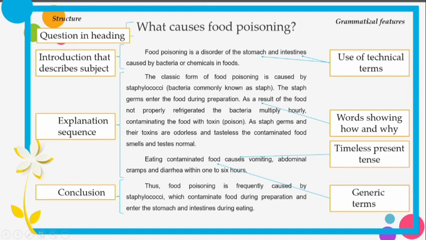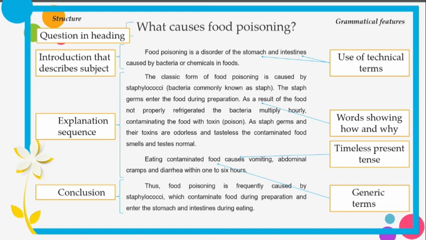And the grammatical features. Let's analyze the grammatical features of this text. Use of technical terms. Like I explained before about technical terms, the technical language used here is stomach and intestine. Technical terms are an essential part of technical and scientific writing.